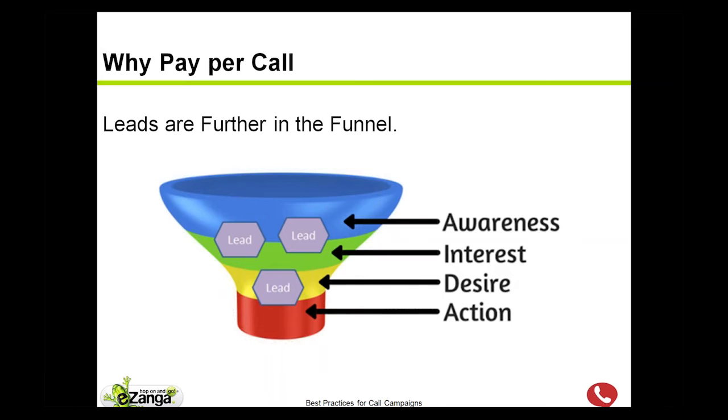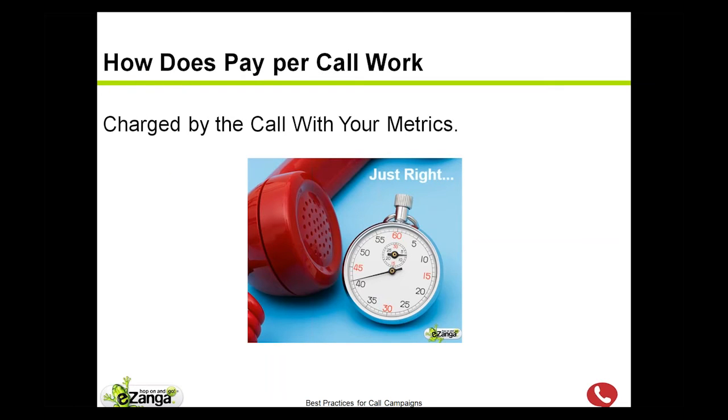So how does it all work? Again, this may be elementary to some people, but I just want to make sure everybody's on the same page before we get really into things. Pay-per-call, we are charged by the call, sometimes with your metrics. So what does that mean? That means essentially that maybe you have a duration, or maybe you have a press 1 for more business.